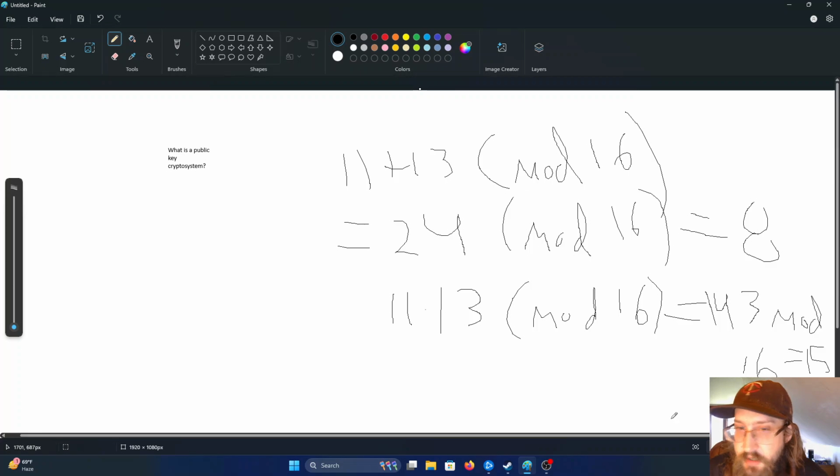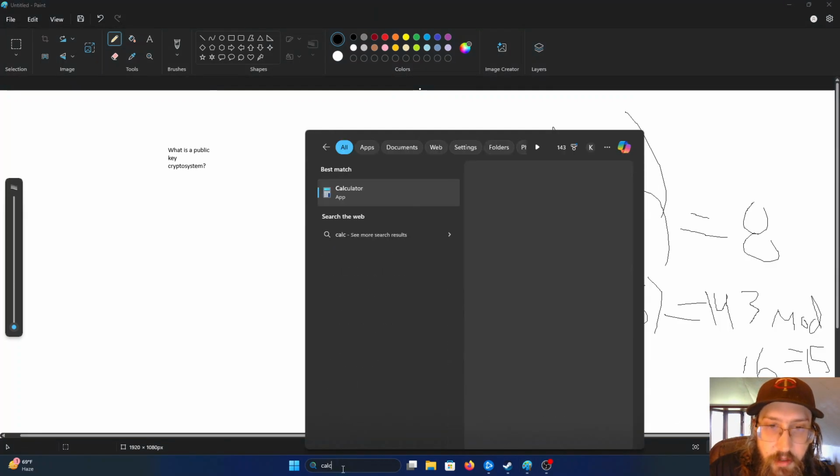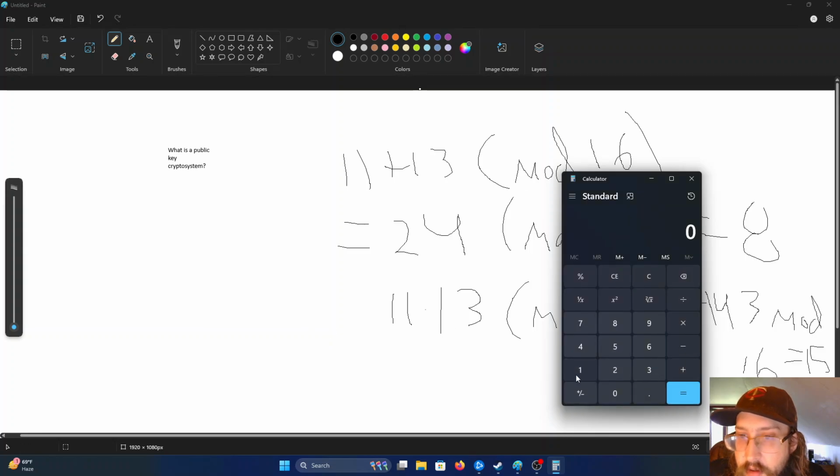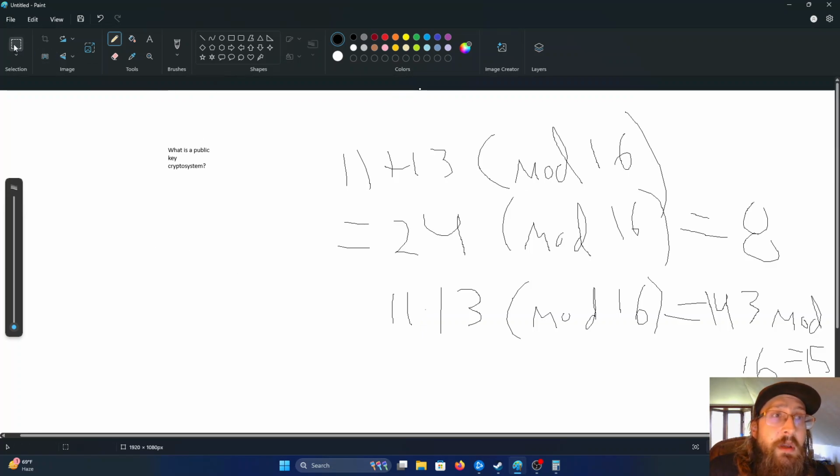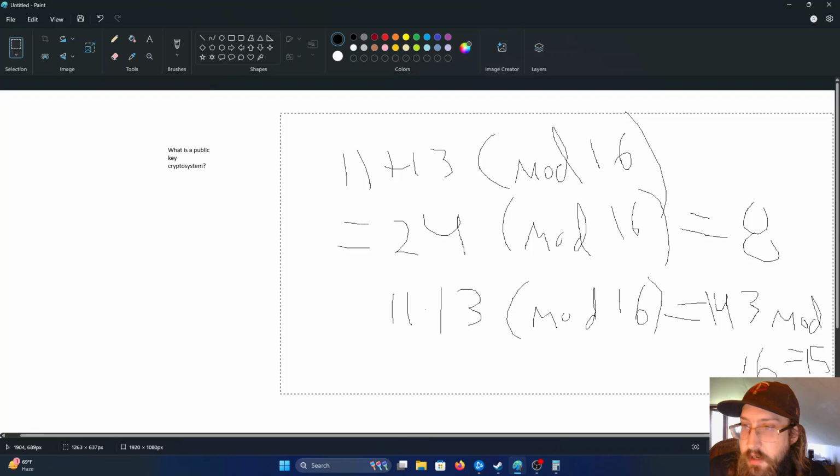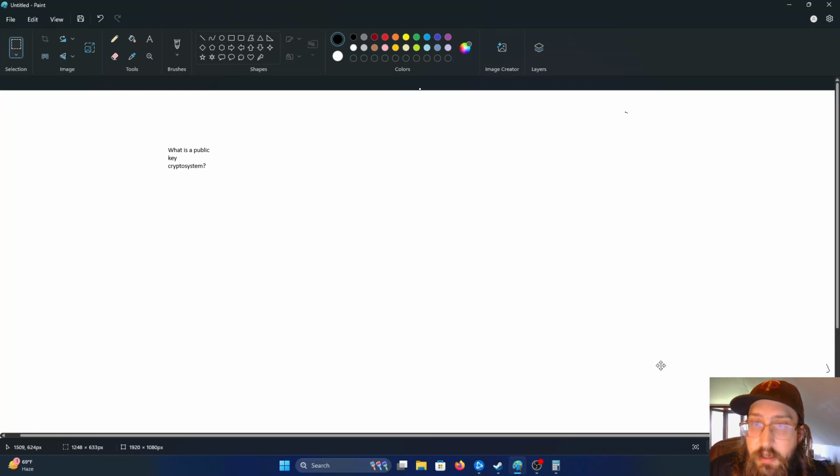So if we break out our little calculator here, 143 divided by 16. So 16 goes into 143 8 times. 16 times 8 equals 128, and 143 minus 128 is 15. Okay, that makes sense. We can add or multiply when we're dealing with modulus.